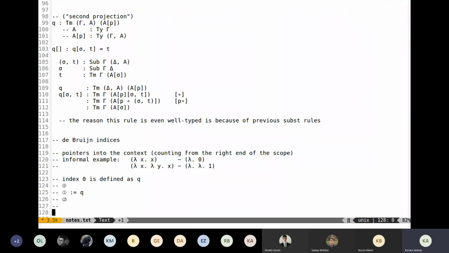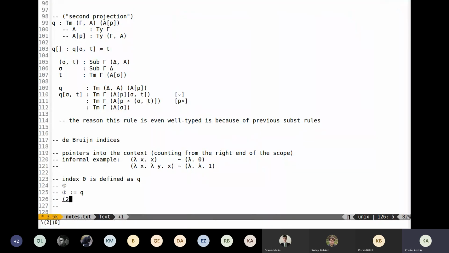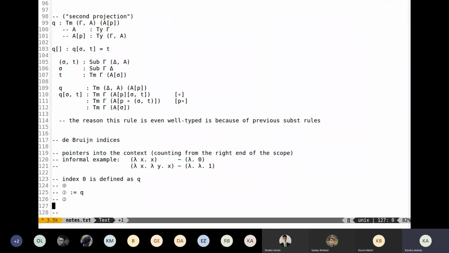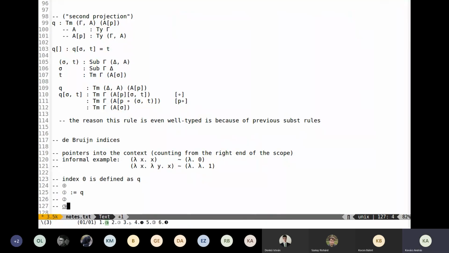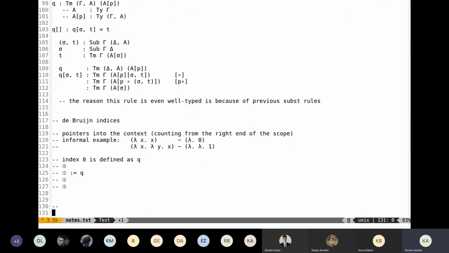Oh, it's a bit of a mess. Now it's consistent. Is this okay? Yes.